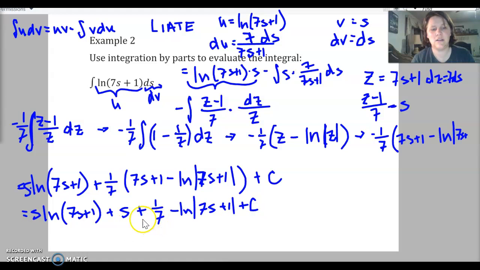What they did here is they took this constant, because we've got 1/7 and c, and they just added them together. So you can take the 1/7 out completely and combine it with the c, and then this becomes your final answer.